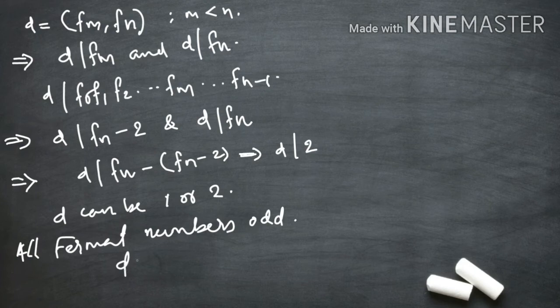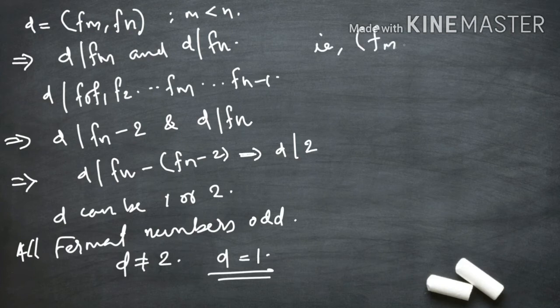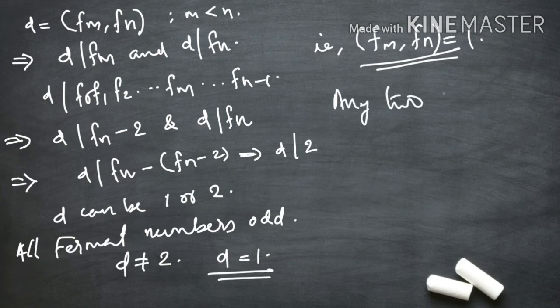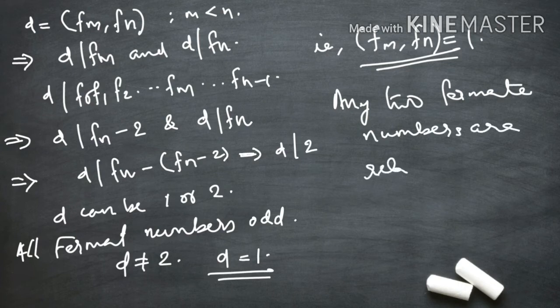So therefore d is not equal to 2, and the only possible value is d equal to 1. That means GCD of fm, fn is equal to 1. So any two Fermat numbers are relatively prime. This is Pólya's theorem.